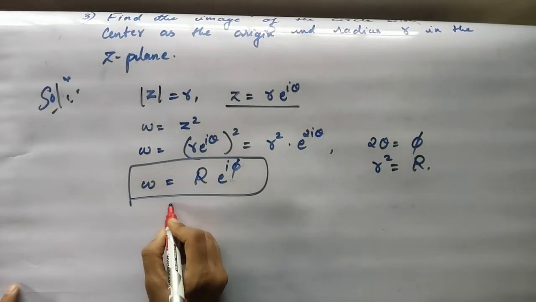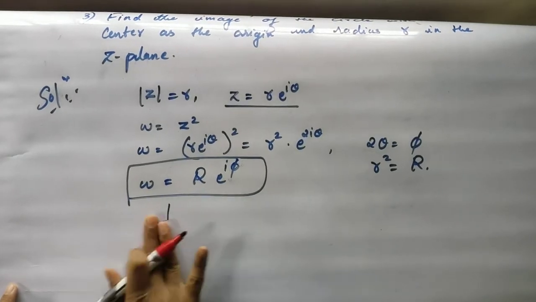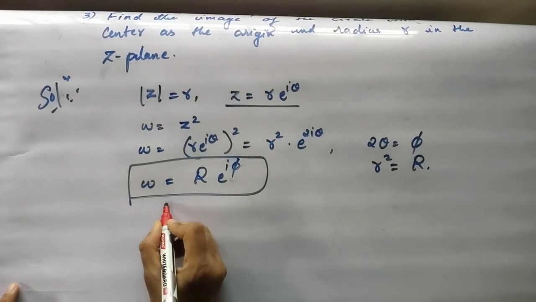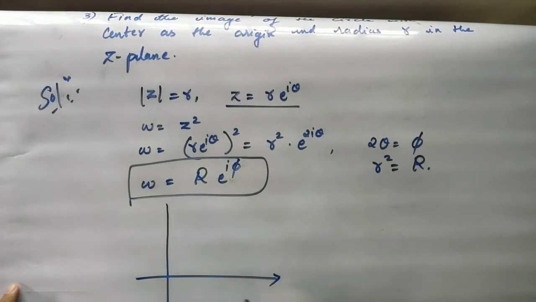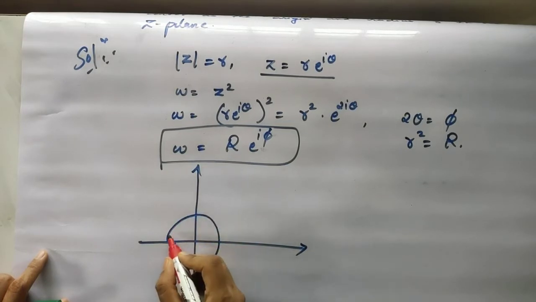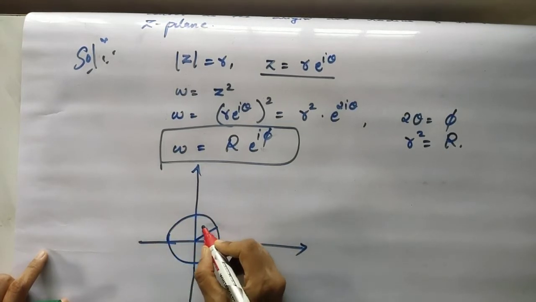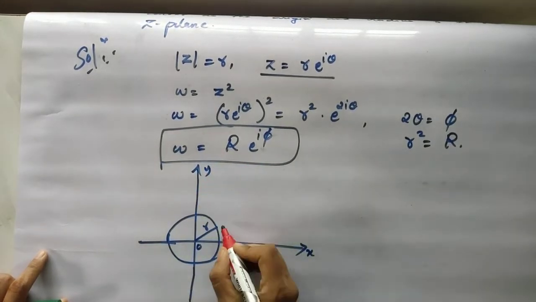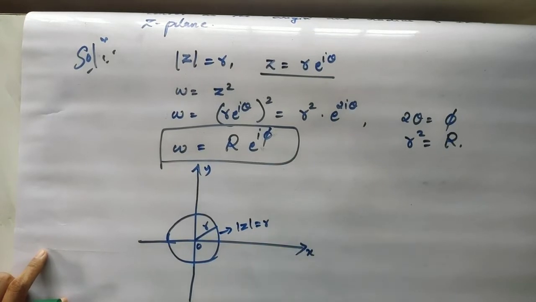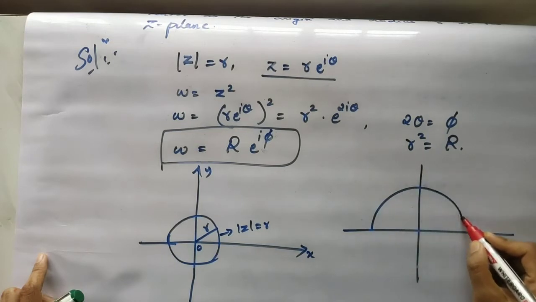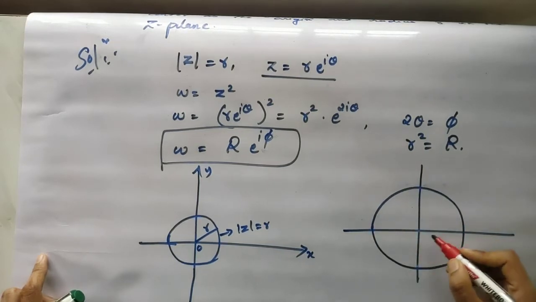So let's draw that. We will first consider a circle in the Z plane, with center as the origin and radius r. This is our Z plane, X, Y. This is mod z = r. Now in the W plane, what is happening? You will get a bigger circle.